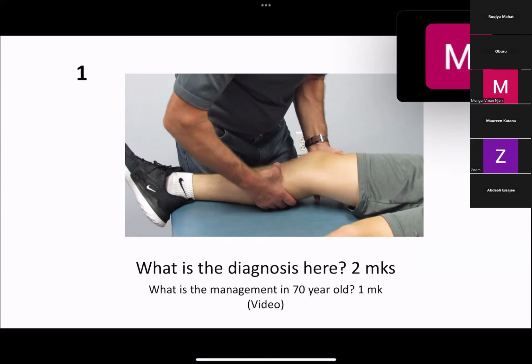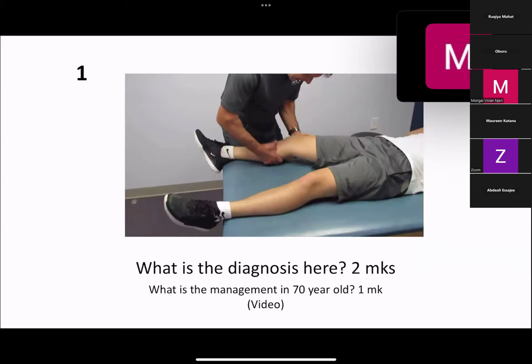Anyone? In a 70-year-old with an ACL injury, unless this guy is a crazy fitness freak, some people do mountain climbing, abseiling, rock climbing, skiing, all sorts of things, which I am not quite sure how they help. But anyway, usually in a 70-year-old it's non-operative. In a younger person, it's different.